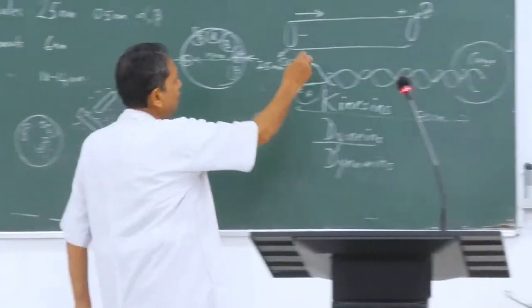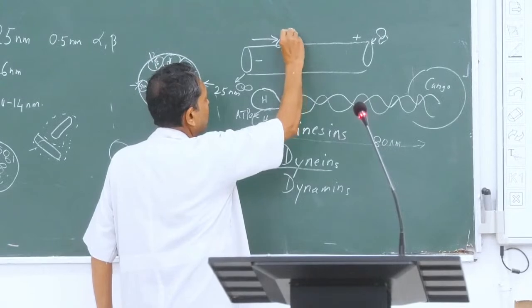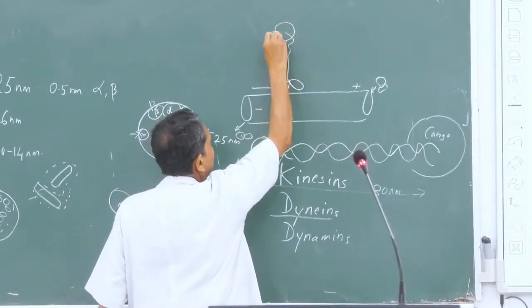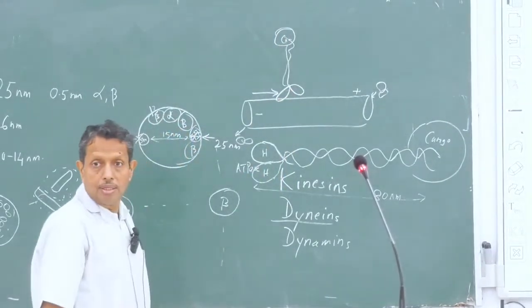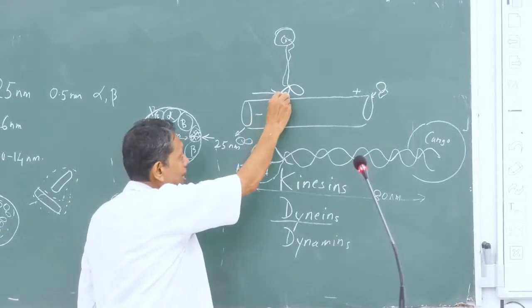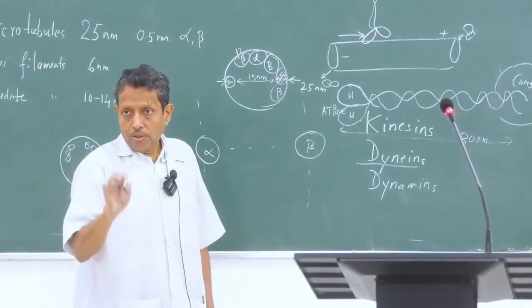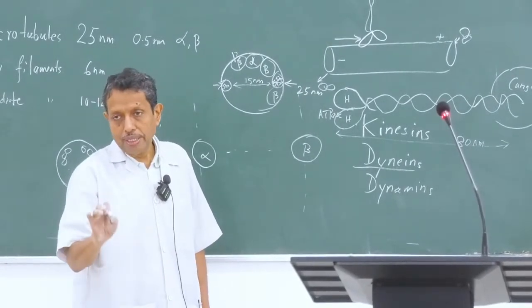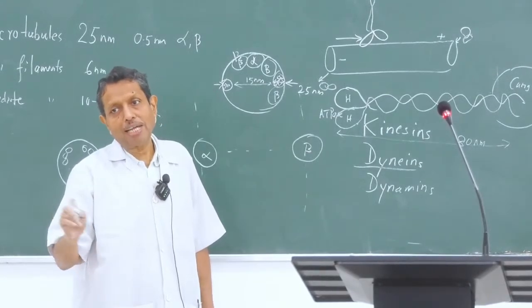One head binds, and the other remains free. And it bears the cargo. When one binds, ATP is utilized. ATP divides into ADP plus Pi, inorganic phosphate, plus energy.